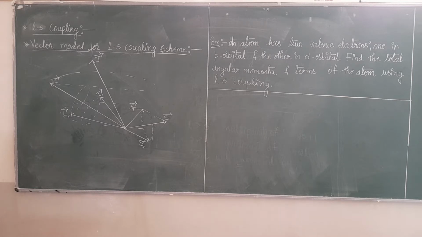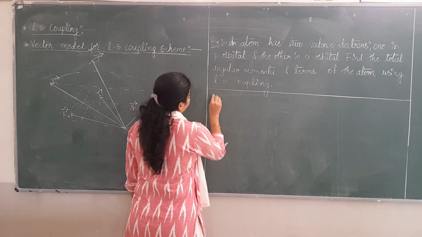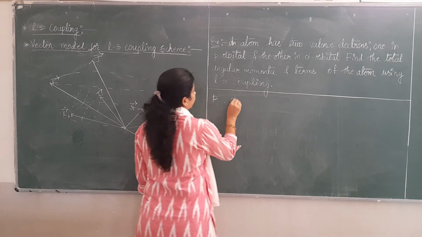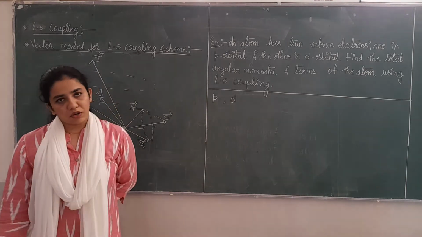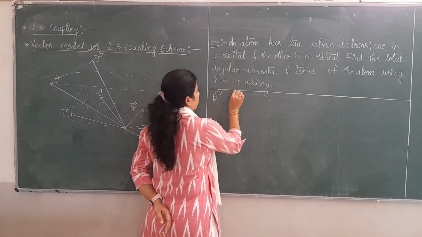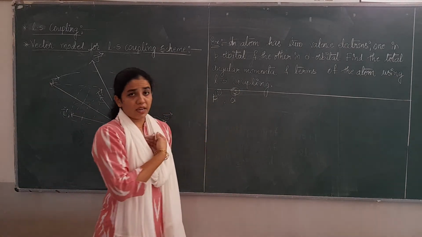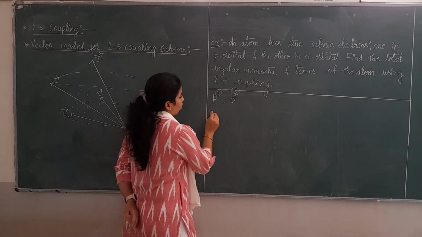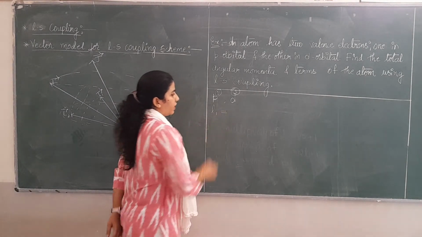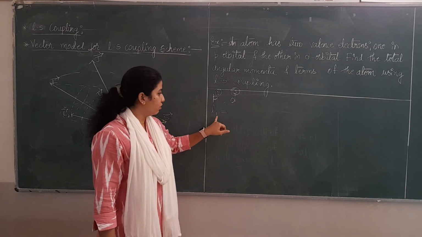For the LS coupling scheme, the two electrons given are one in the p orbital and the other in the d orbital. I consider this as the first electron and this as the second electron. It is just my understanding. L1 is the orbital quantum number for the first electron.